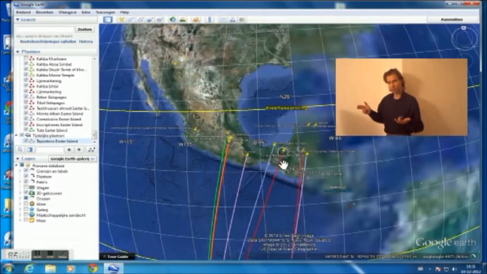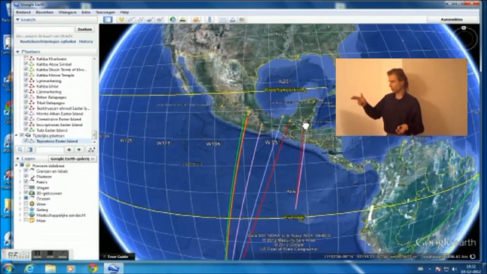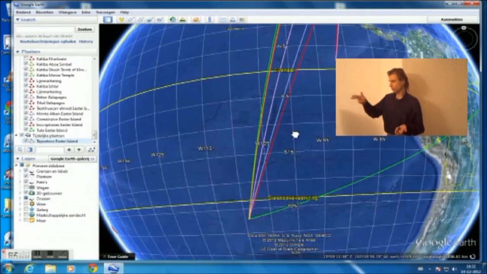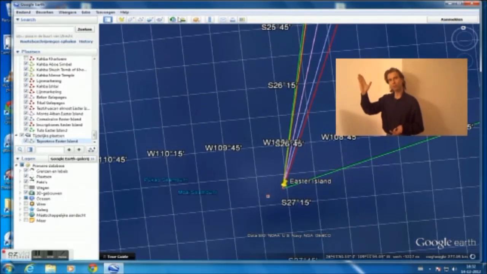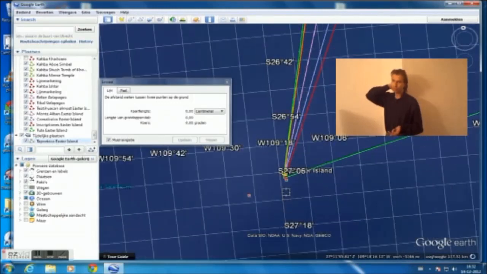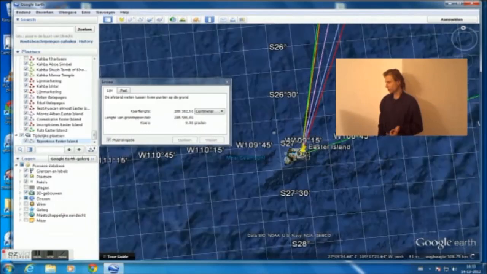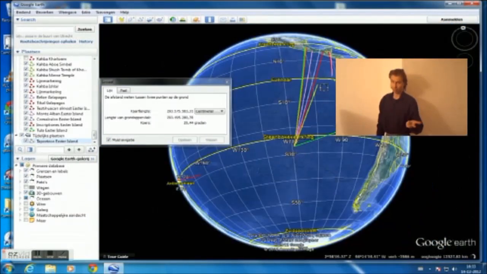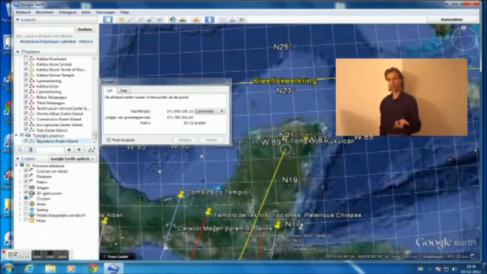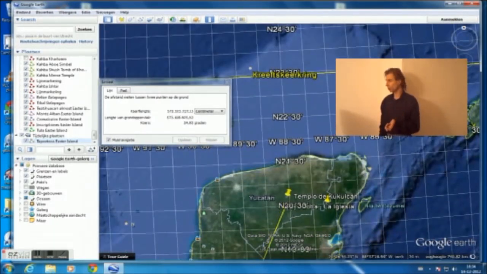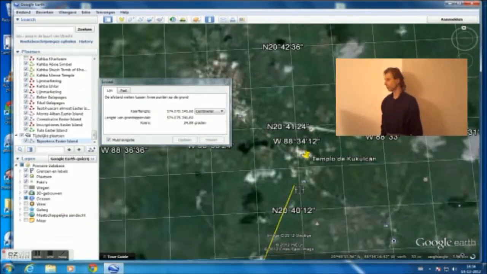As you can see, I gave all those lines different colors, so it becomes clear that all these lines have a different angle, a different degree, but they all refer to Easter Island. The strong evidence, which I also showed in part 2, is Chichen Itza, where we found a really strong match. It matches exactly with Easter Island.